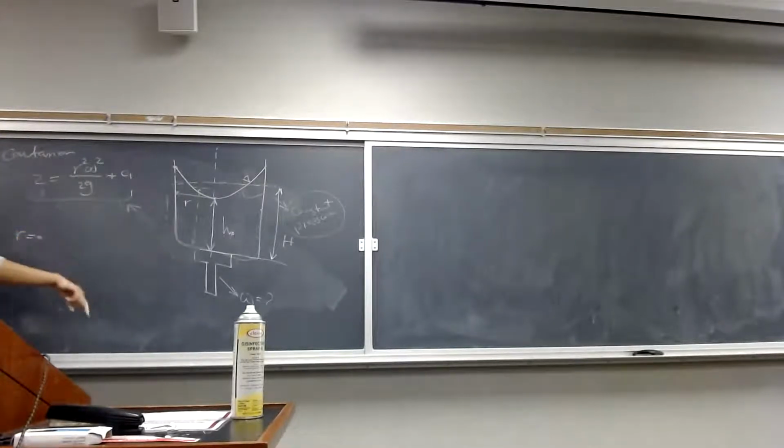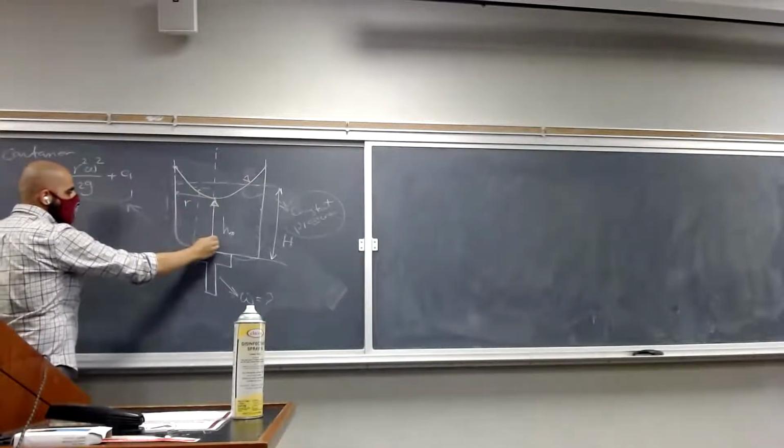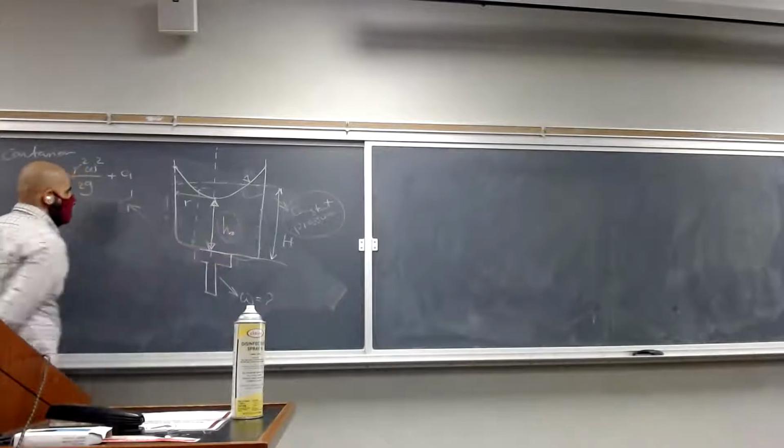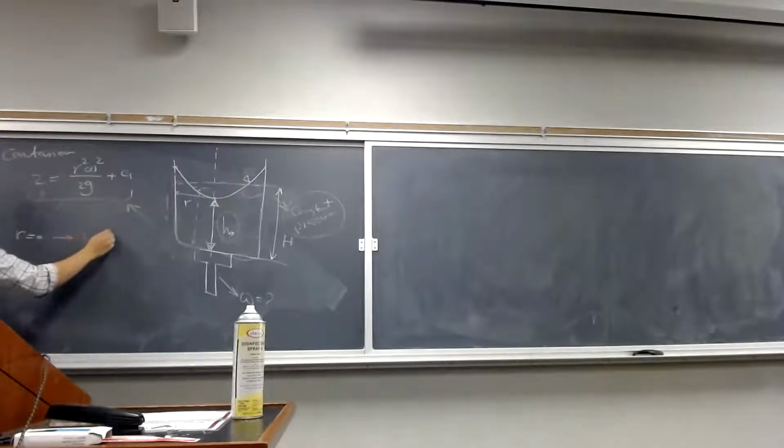So for this equation, we want to determine this height based on the values we already have. At R equals 0, your Z is H0, right? Or H minus H0.